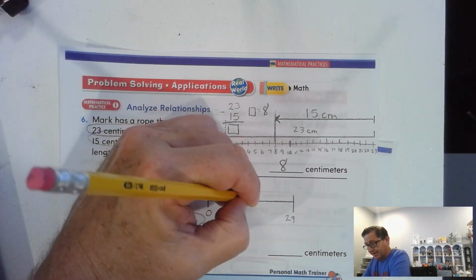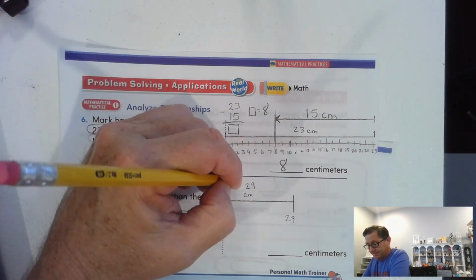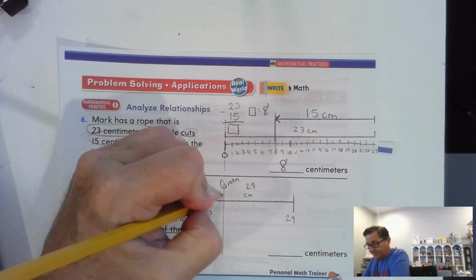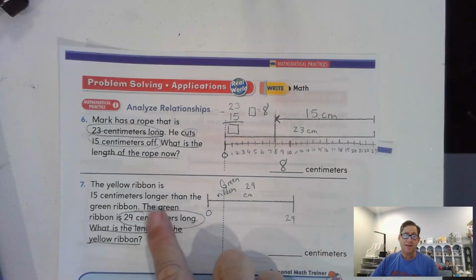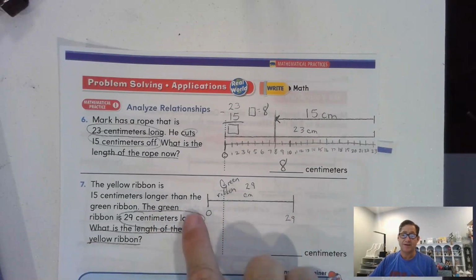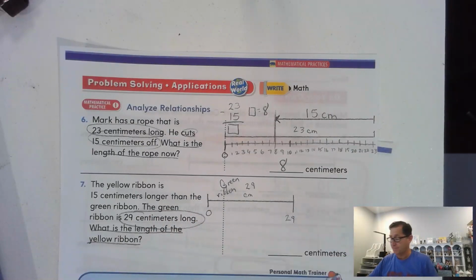So the green ribbon is 29 centimeters. But the yellow ribbon is 15 centimeters longer than this.